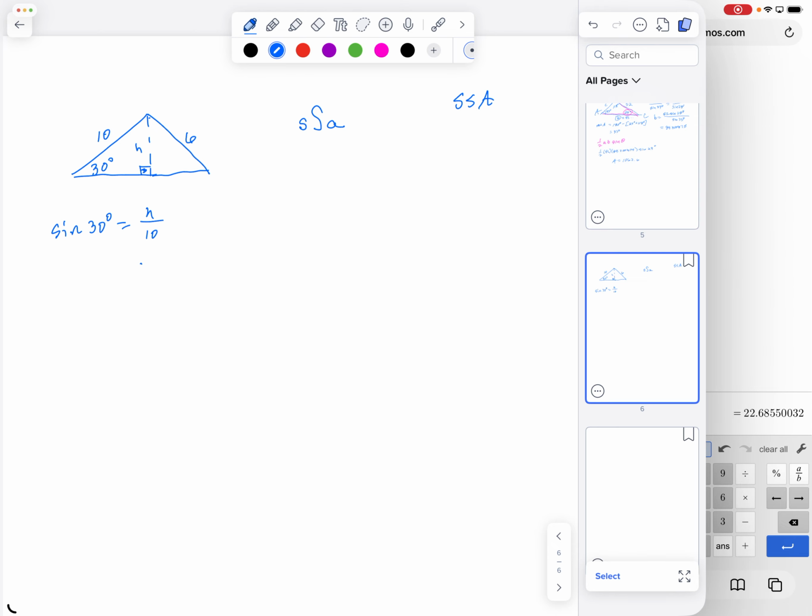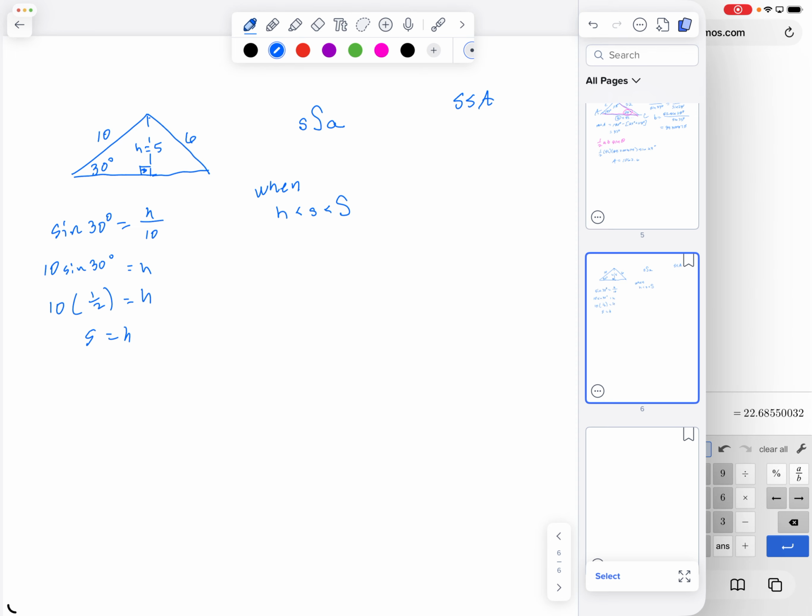The center of the circle is here, and the radius is 6. If it's just in between the 5 and the 10, it can swing in, and it creates this second triangle, where this angle is obtuse. But this angle remains 30 degrees, this is 10, and this is 6. So you have just the right amount of room to swing it in and create that second triangle.